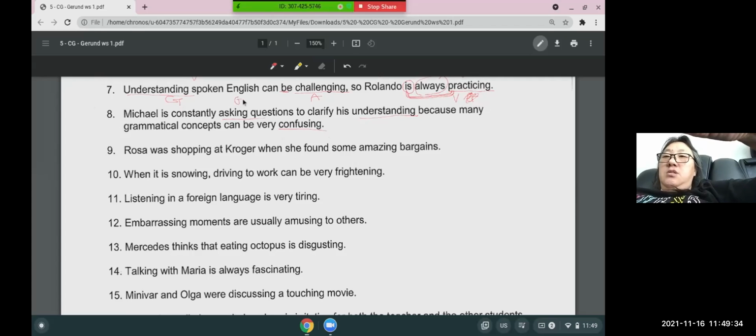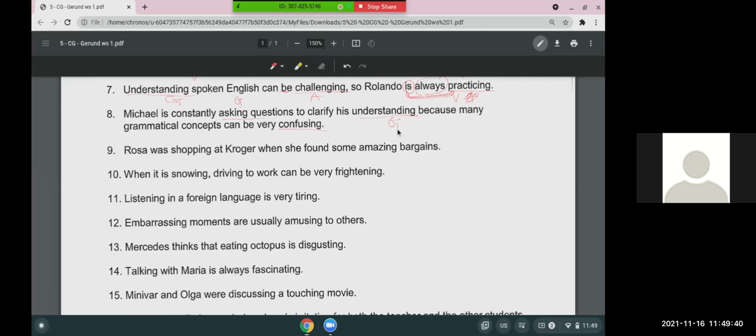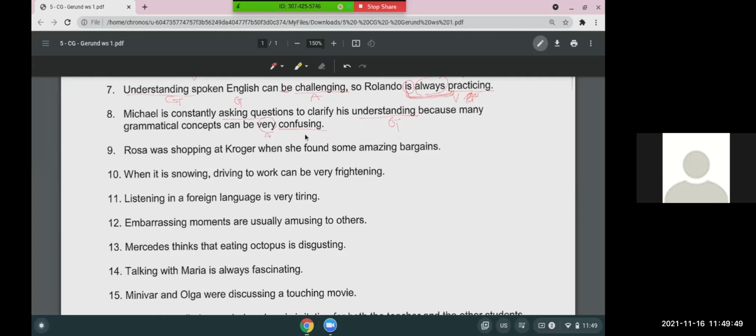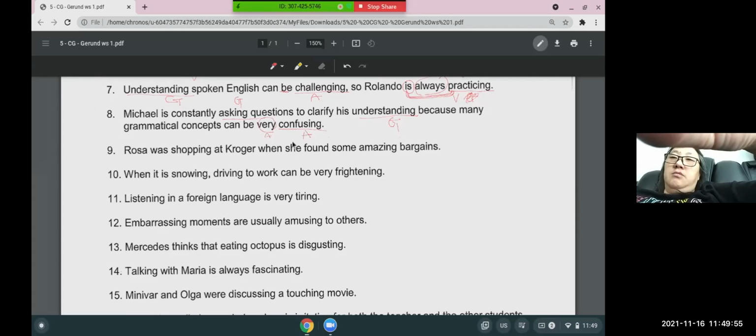And this, also his understanding, also gerund. Understanding the gerund is very confusing. Very, yes, very. That means adjective. Yeah, adjective. This is also adjective. Yes, I think.